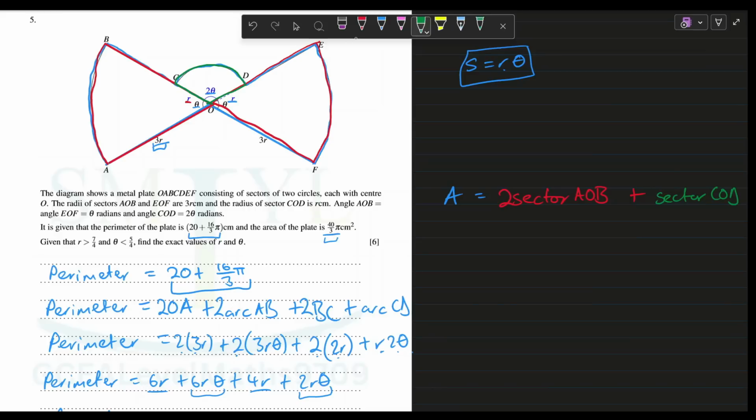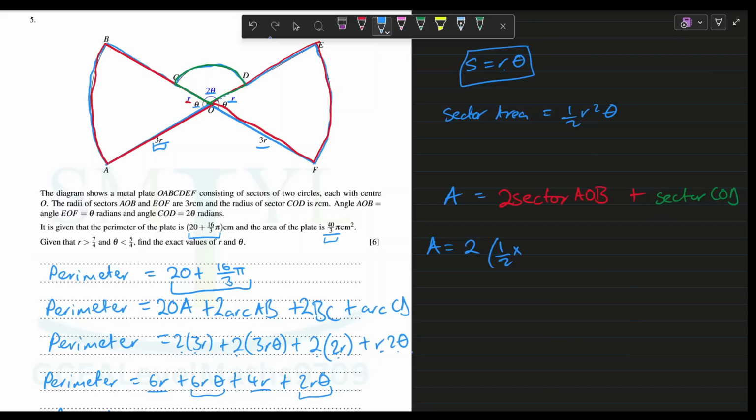So we have to find the areas of these sectors. So we'll start with AOB. Remember that the formula for area of a sector is half r squared theta. So for sector AOB, we're looking at half times the radius squared.